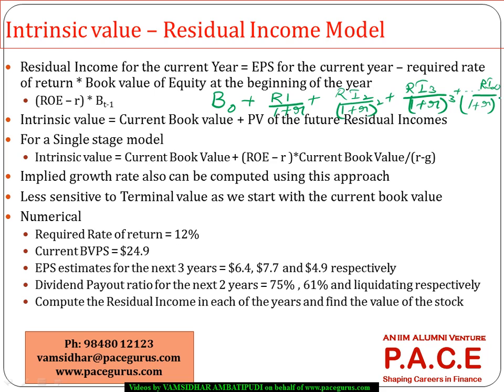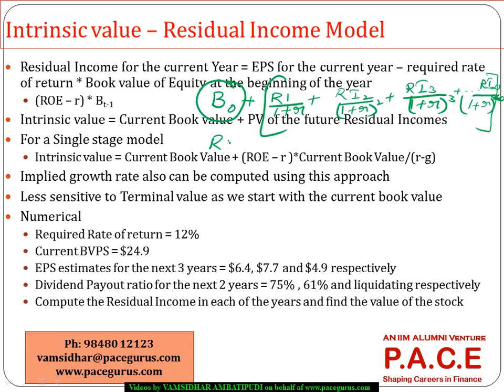I am discounting them using the present value method. So I am forecasting all these residual incomes for the future and discounting them to the present value. That is what we call the intrinsic value. I will add this to the current book value, because as part of the residual income I am looking at the excess above the book value only.